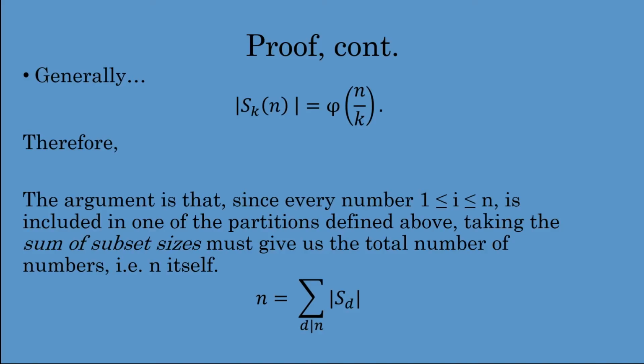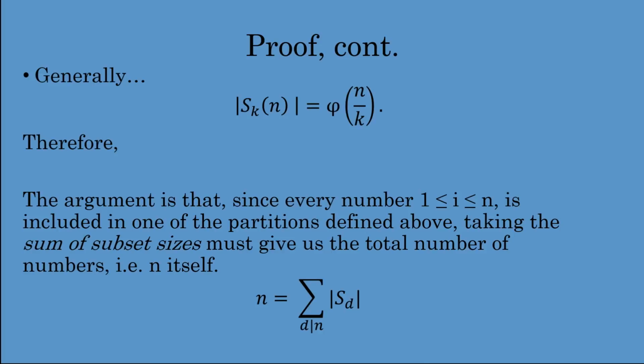So assume there exists a member of the set S sub k of n that is not coprime to n over k, because we'd have to assume that if these set sizes are not equal, this equation is false. Then as a result, the subset S sub k shares some additional prime factor P sub j with the quotient n over k.